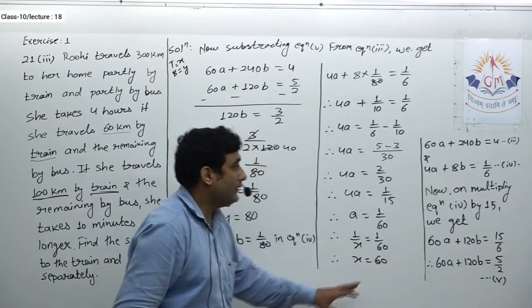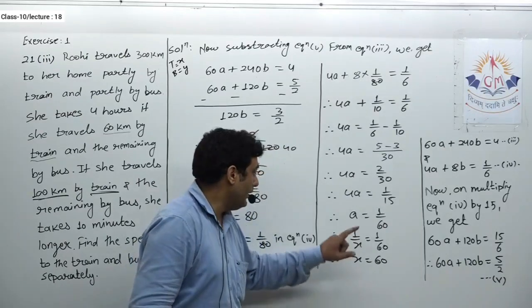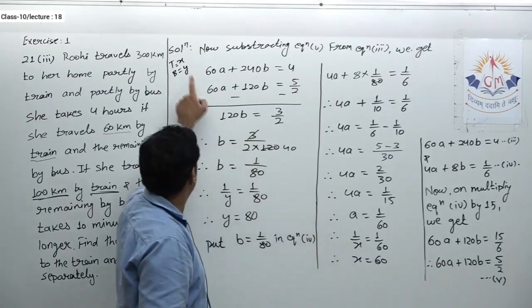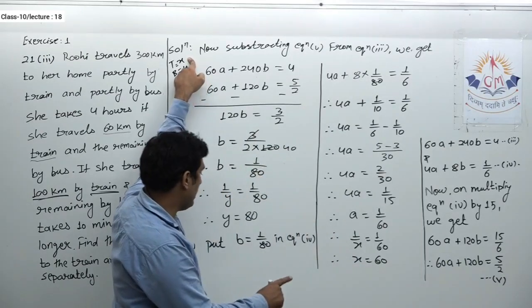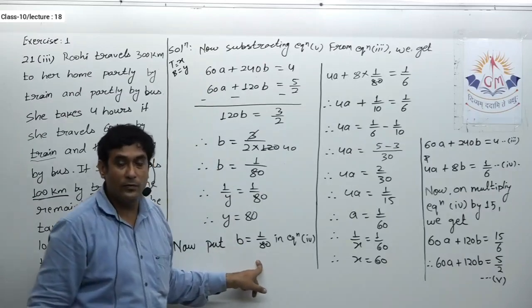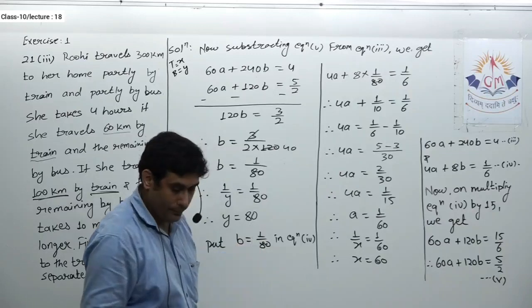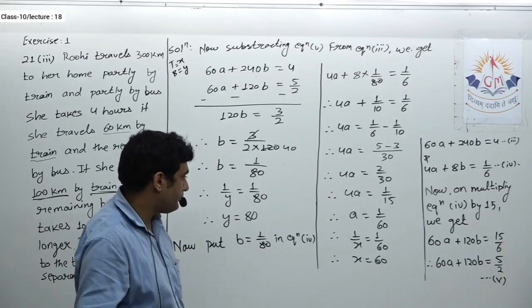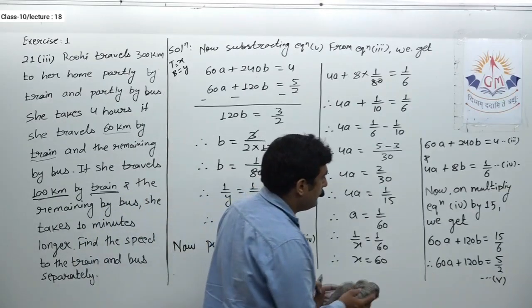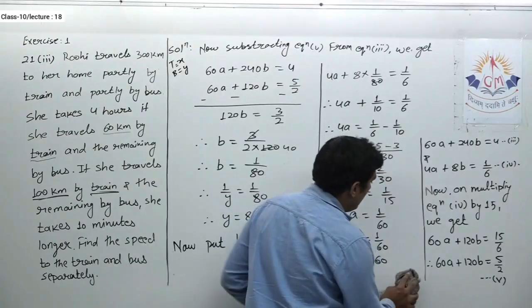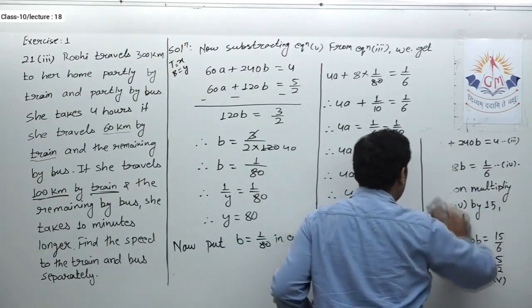That means I can give my concluding statement. Thus the speed of train is 60 km per hour and the speed of bus is equal to 80 kilometer per hour. So I hope you noted down up to this. So here I am giving the concluding statement.